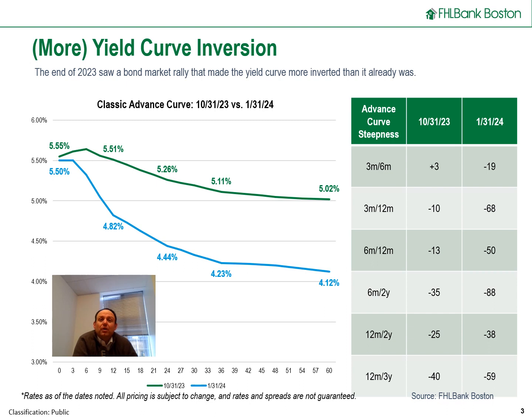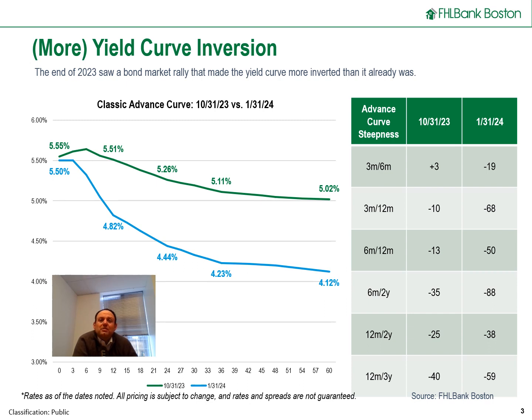The driver there was the market expectations changing, and the much anticipated potential for the Federal Reserve to cut short-term rates after this incredibly historic hiking cycle that we've been through these last 18 to 24 months. So we saw the curve start to move down, as evidenced in the table on the right-hand side.